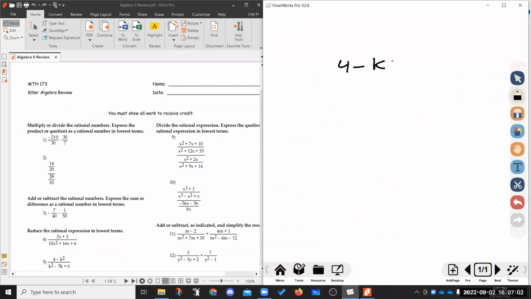Four minus k squared over k squared minus 5k plus 6. We usually like to have things in descending order of exponents. So I'm going to pull that negative out front.